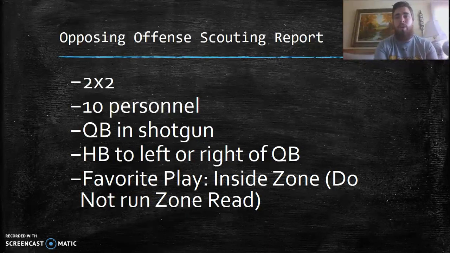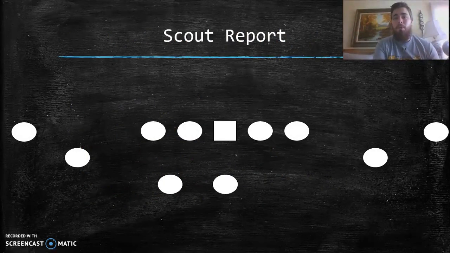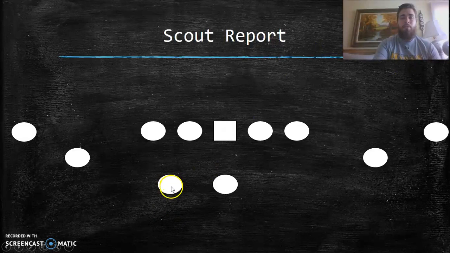So they are showing some tendencies here. And their favorite play to run is the inside zone. I'm not talking about a zone read. I'm talking just inside zone. So the scouting report's showing that this is the formation that they like to come out in, and we can assume that they will move this running back left or right.